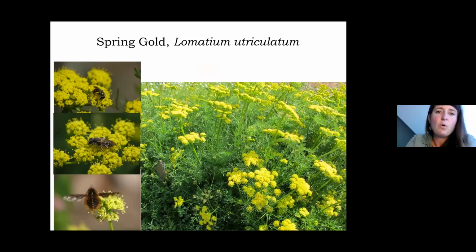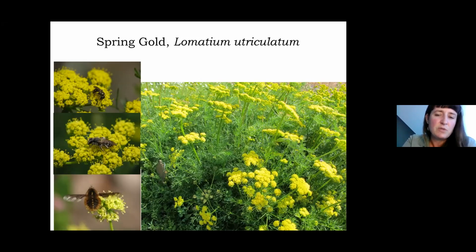So spring gold is part of the carrot plant family, which you can probably tell just by the shape of the flower there, the umbel shape. We're going to look at two native carrot related plants. This is Lomatium utriculatum, and they bloom early.